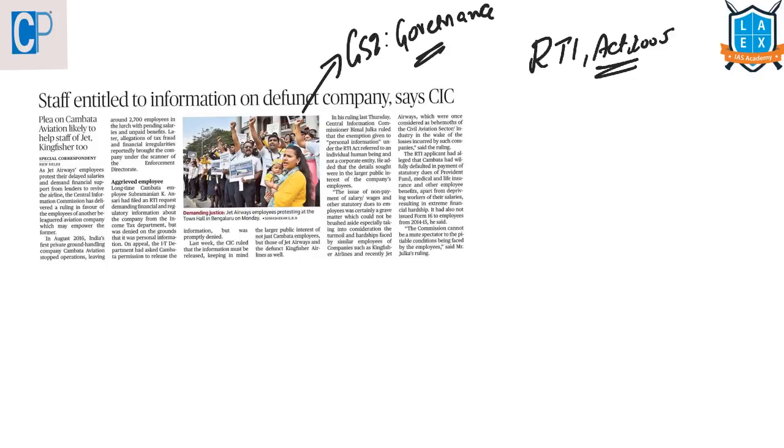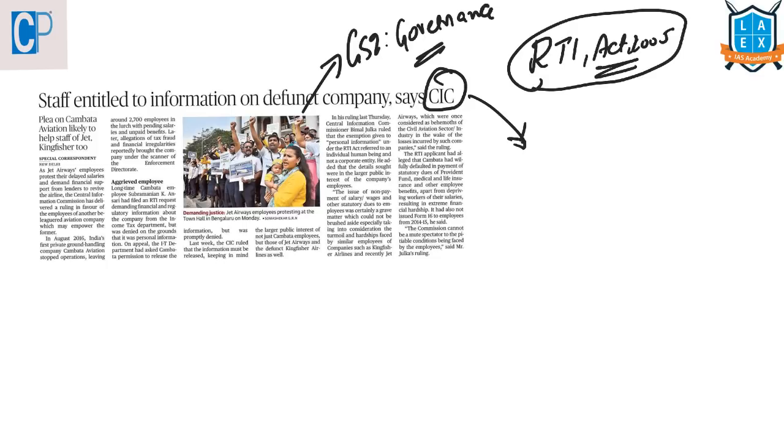Now, from the prelims point of view, let us see about this organization known as the Central Information Commission. The Central Information Commission is a statutory body that was set up under the Right to Information Act of 2005, and it is a quasi-judicial body.